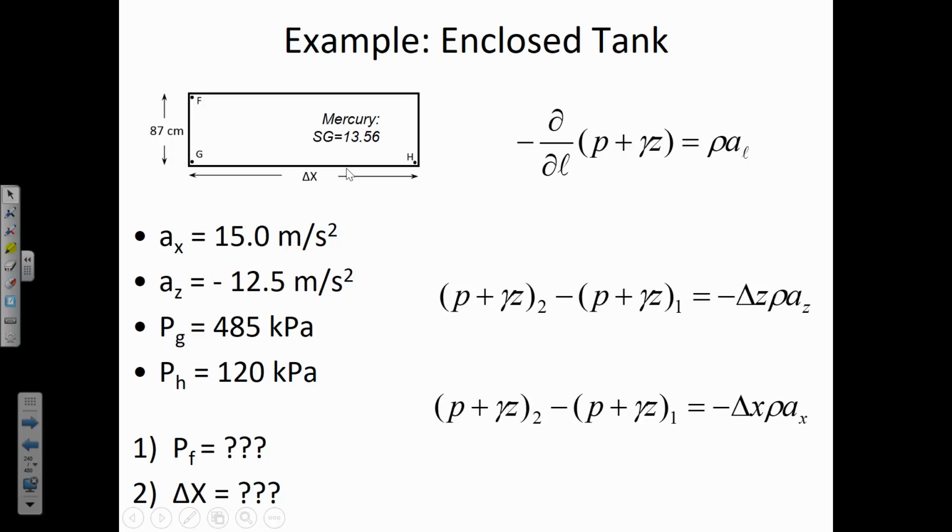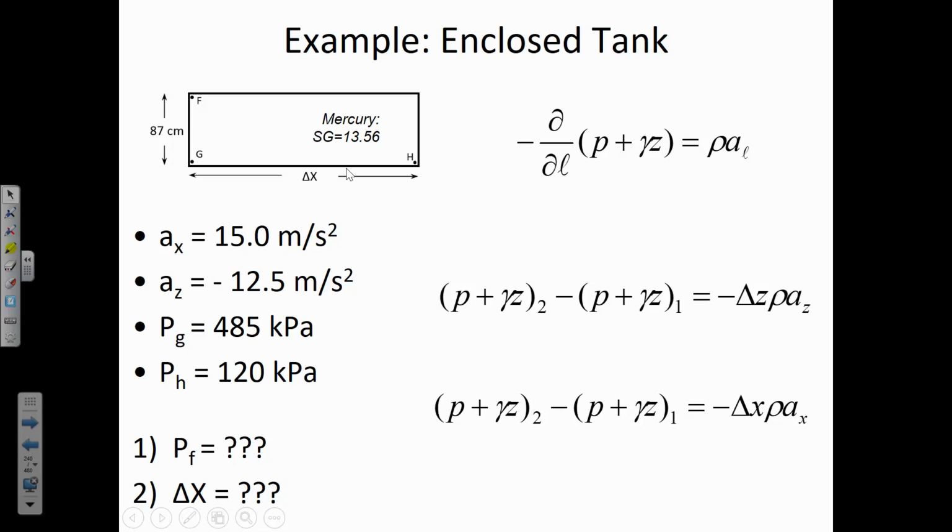One of the pressures is higher than the other. So it's accelerating to the right. This a sub x says 15 meters per second squared to the right. So if it's accelerating to the right, what direction should the pressure be increasing? To the left. So the pressure should be higher at G than H. And that is the case.